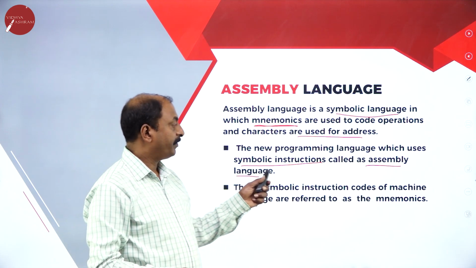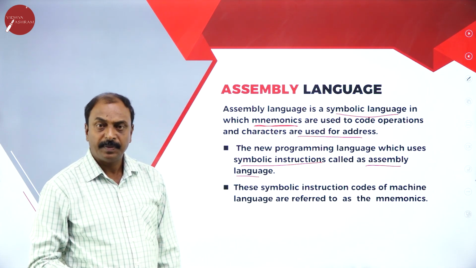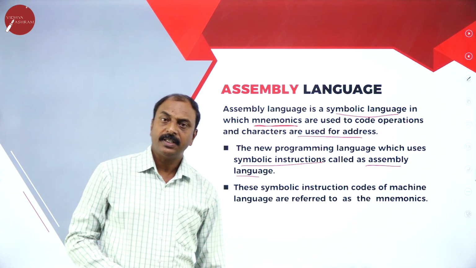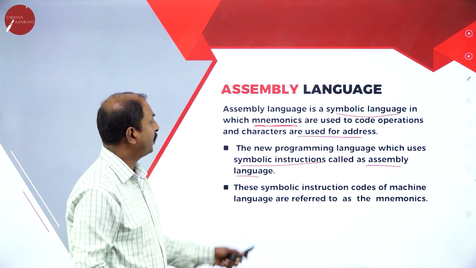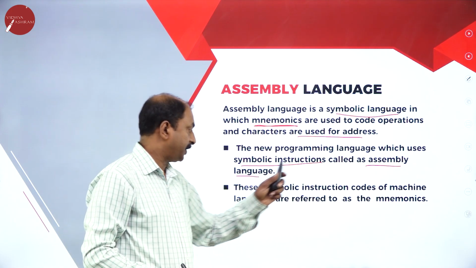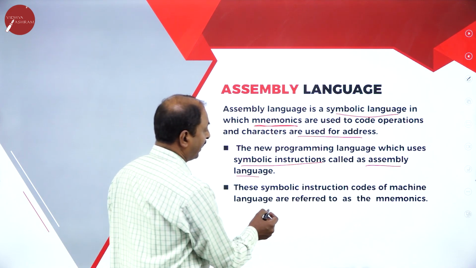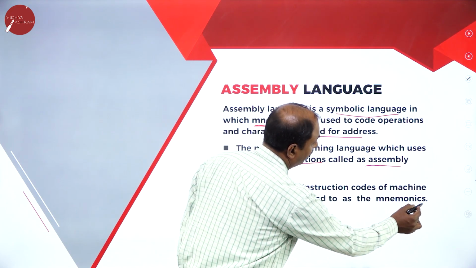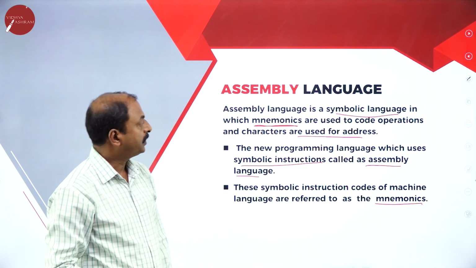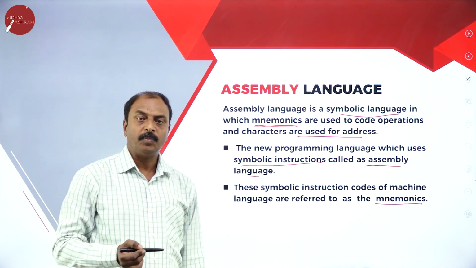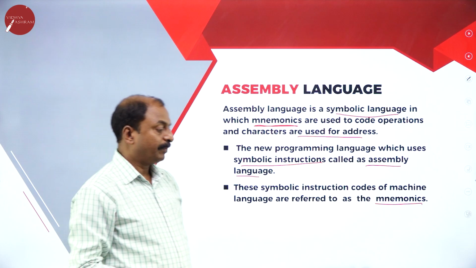So assembly level languages use symbols for writing instructions, and to write a program we are using symbolic instructions. These symbolic instructions, codes of machine language, are referred to as mnemonics. Another name for symbolic meaning is mnemonics. So what is assembly level language?